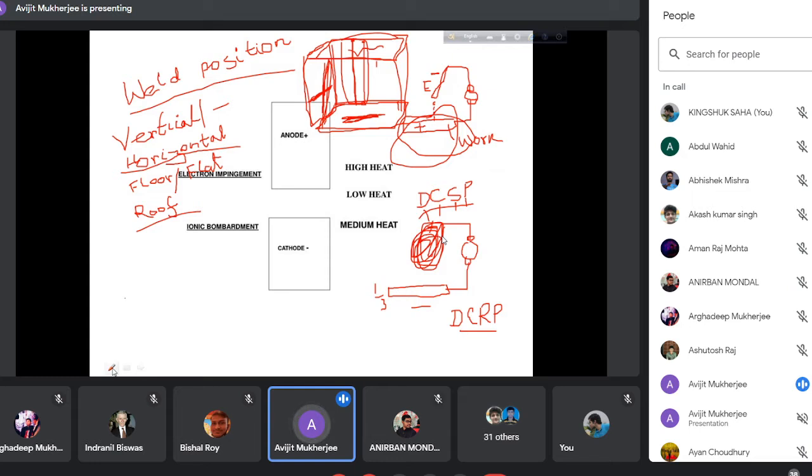But the only advantage is that in a very sophisticated factory, you may have all sorts of facilities, power source, all these. Still, you may have to use a motor generator set when the question of polarity is concerned. That is the only technical advantage or importance of using a motor generator set.